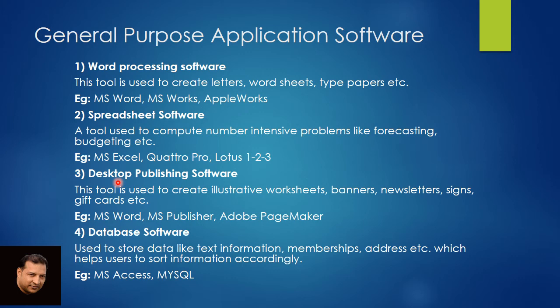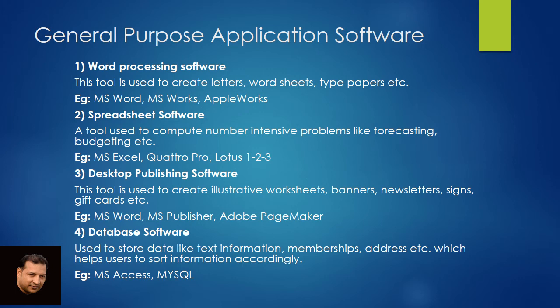Spreadsheet software. It is a tool used to compute number-intensive problems like forecasting, budgeting, creating mark sheets of students, etc. Examples are MS Excel, Quattro Pro, Lotus 123, MS Works. Then we come to desktop publishing software.